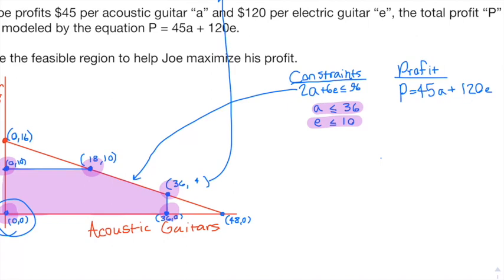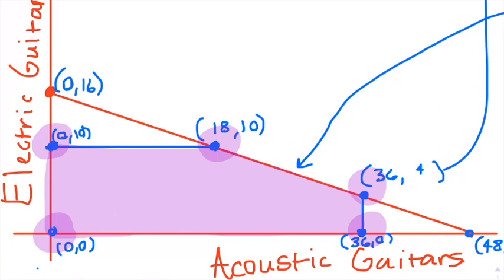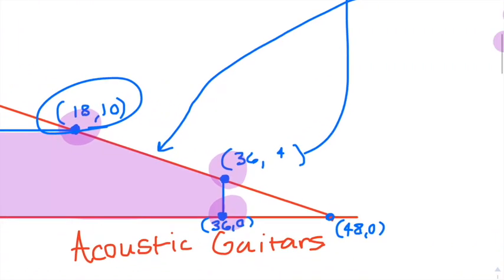If you look at, for example, 0, 10 versus 18, 10, obviously 0 acoustic guitars and 10 electric versus 18 acoustic and 10 electric, you're going to get more profit from this one. So definitely need to look at that point. Same thing with this 36, 4.